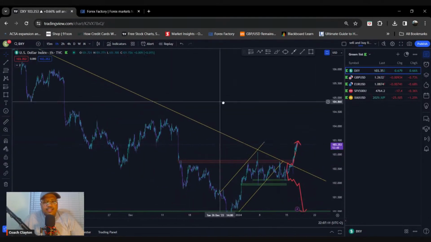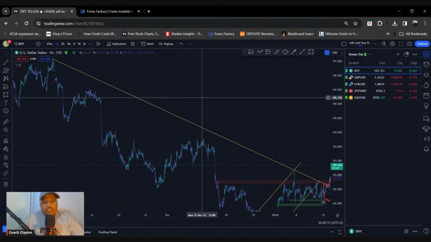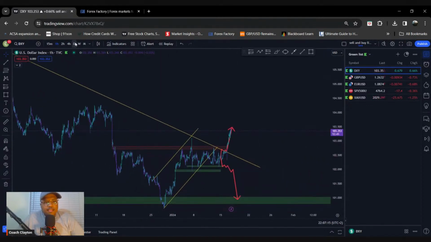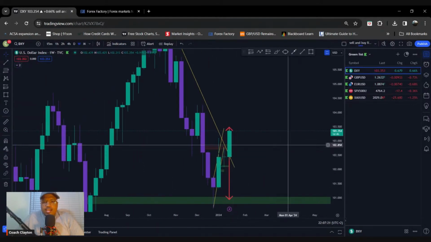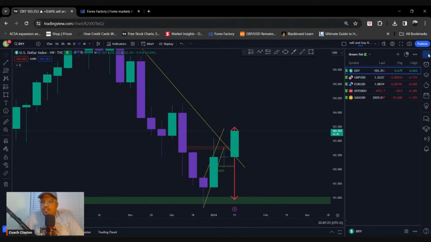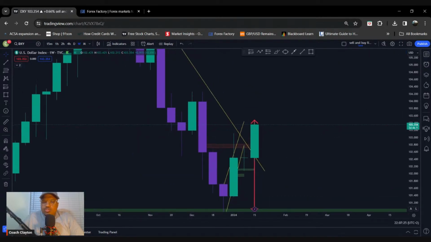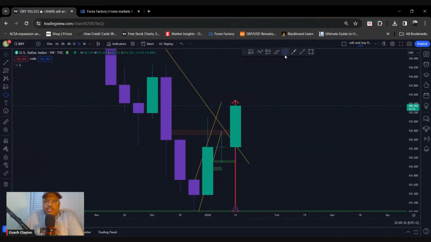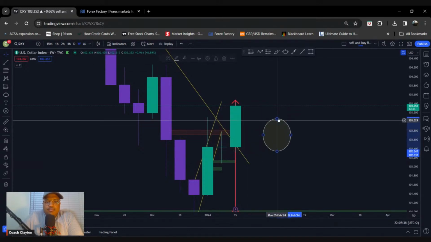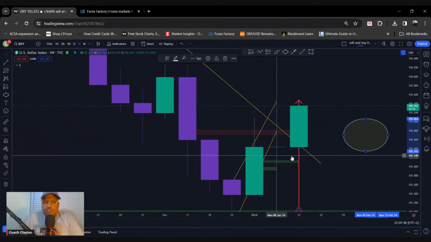Before I go into the nitty gritty, we can just go to the weekly time frame for a minute. From what we saw last week, it was forming a base. I'll zoom in a little bit more.